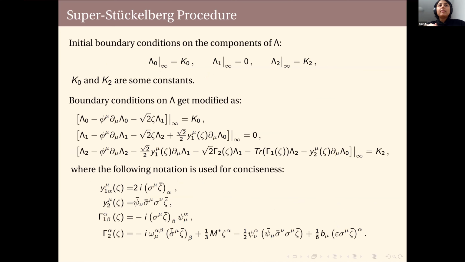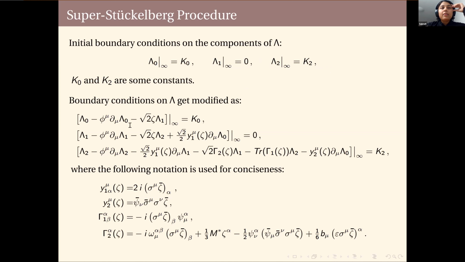We also need to consider some boundary conditions on the Lagrange multiplier superfields. These are the simple conditions where lambda naught and lambda 2, the scalar fields, go to constants at infinity, and the spinor component goes to 0.